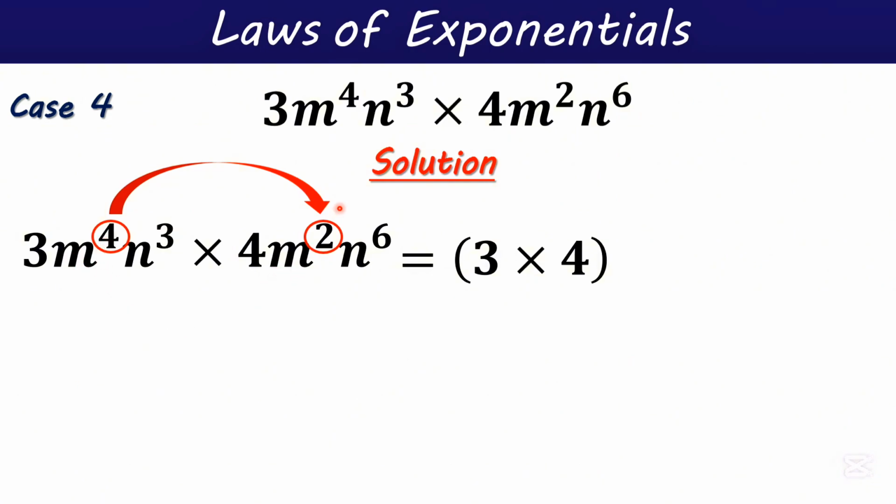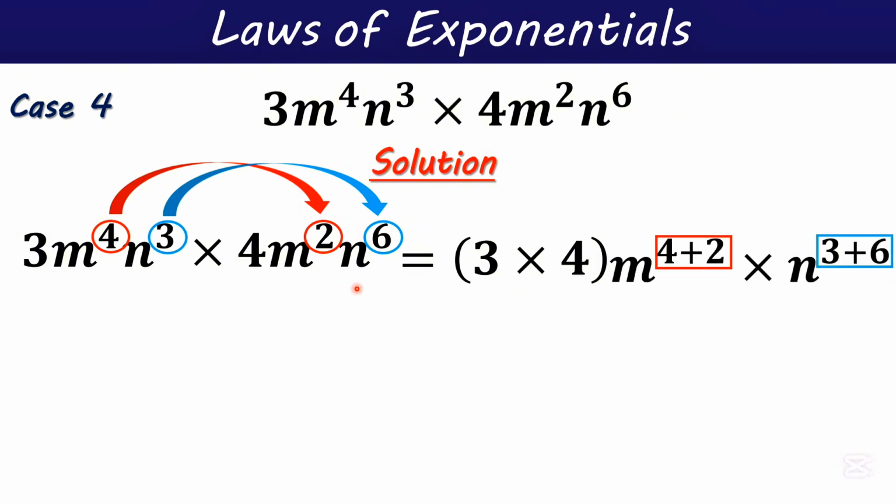Then we take the powers of the next base, which is n and n, and we have 3 and 6 as the powers of n. We find the sum. Then we have m raised to the power 4 plus 2 times n raised to the power 3 plus 6.